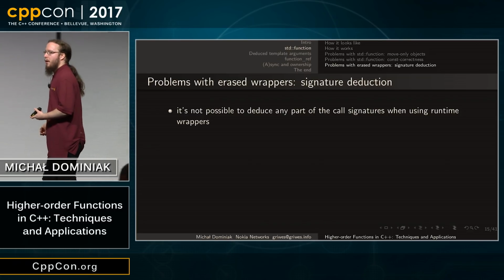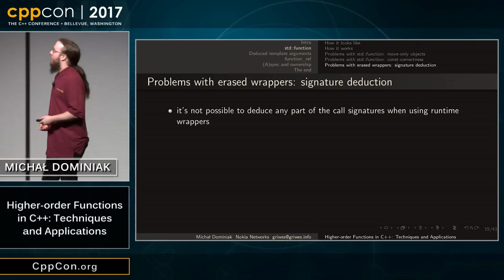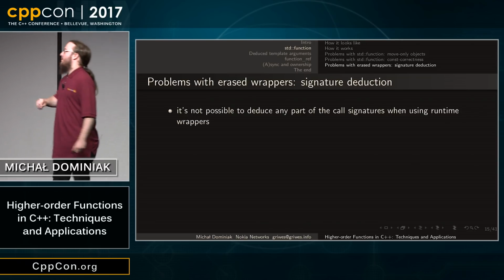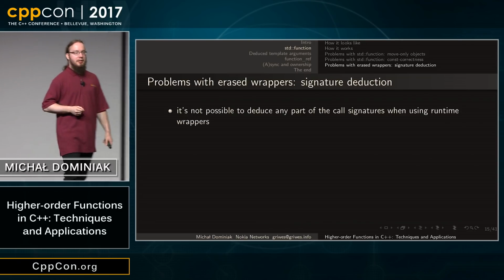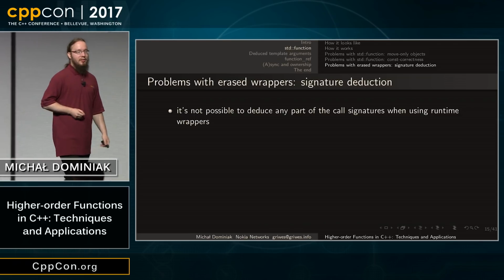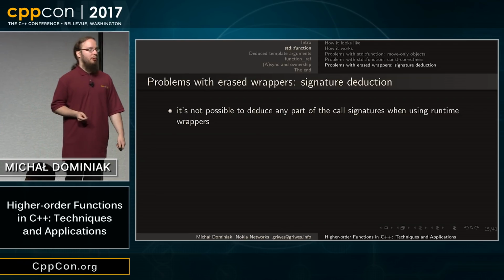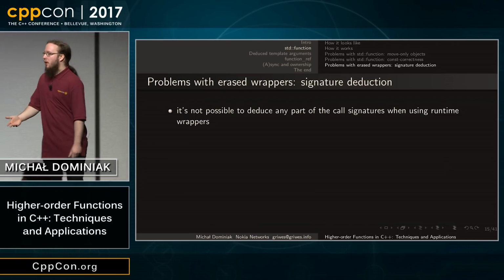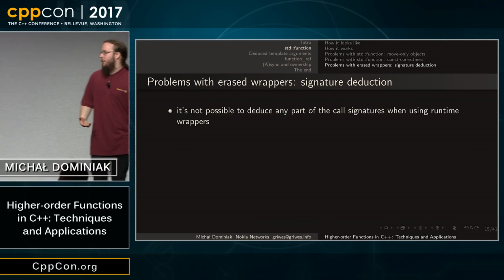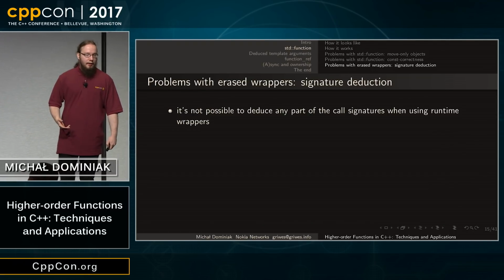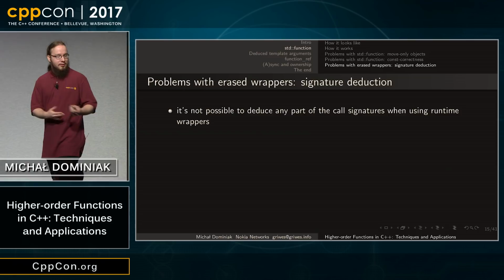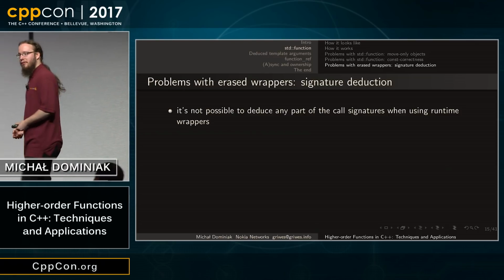So when we are doing type erasure, notice that this slide doesn't say problem with standard function, it says problems with erased wrappers. So this is going to be a problem whichever approach we take with type erasure. We cannot actually deduce any part of the call signature.